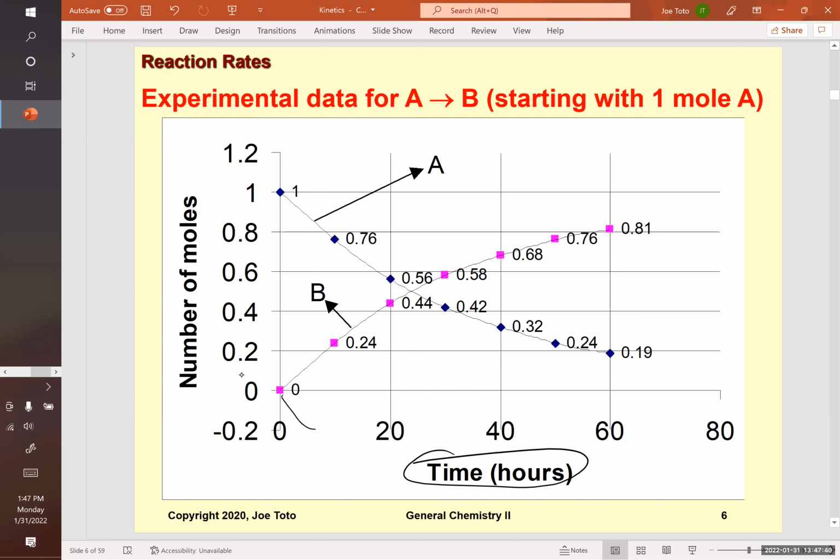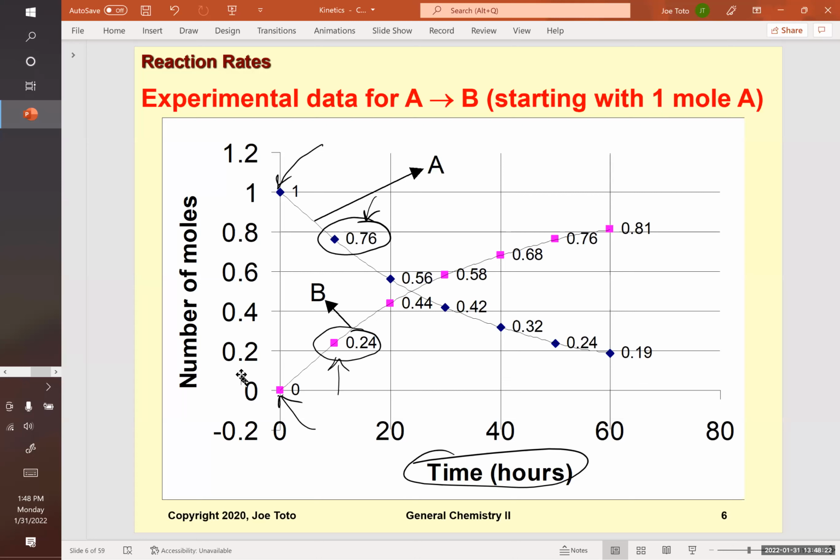So you see we start out with 0 B, and here it says we start out with 1 mole of A. So as the reaction starts, there isn't any B. So it's 0 B, 1 mole of A. And then as we decrease the moles of A by 0.24, we increase the moles of B by 0.24. So A went down by that increment, that change, and B went up by that same change.